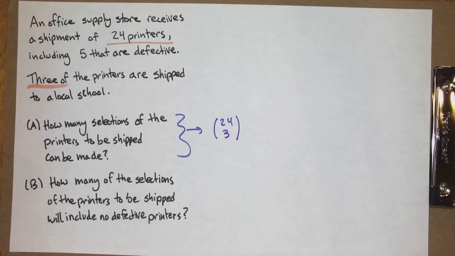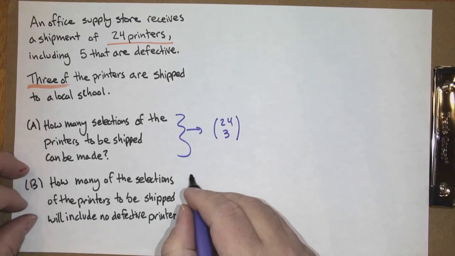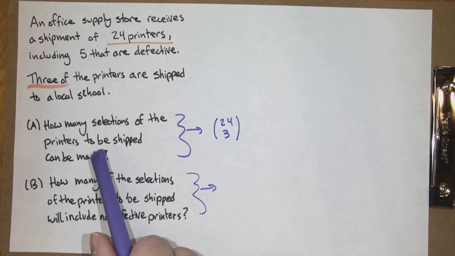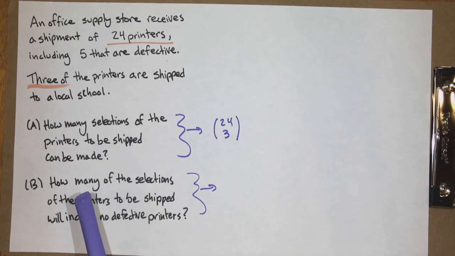How many of the selections of the printers to be shipped will include no defective printers? How do we change the answer for part A to get the answer to part B? So part A says, I don't care whether you're defective or not. I have 24 printers. I'm picking 3. Off they go.